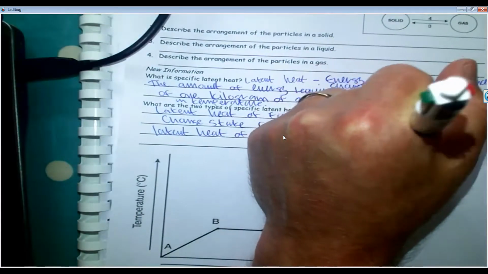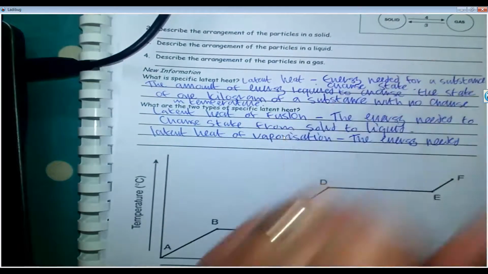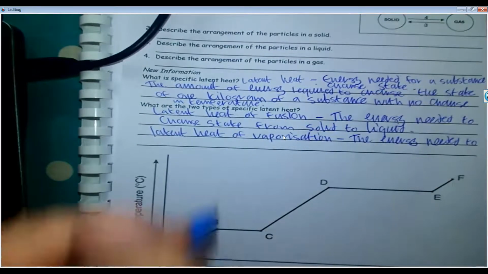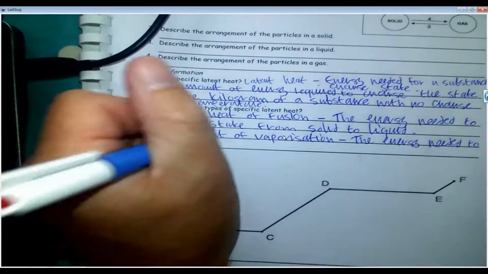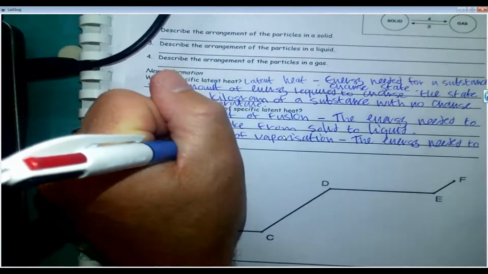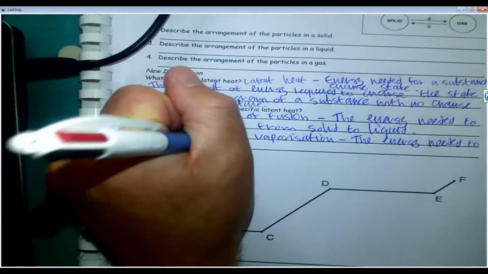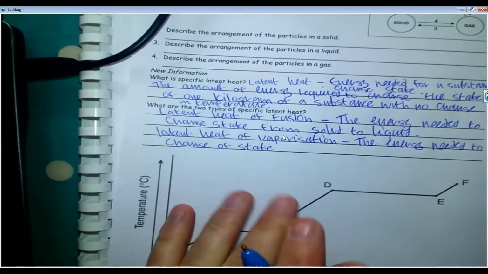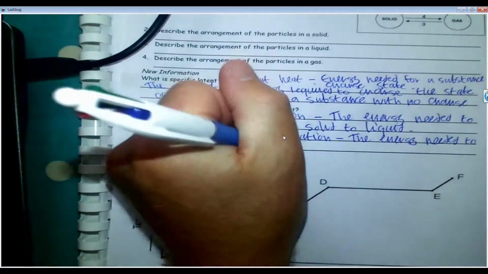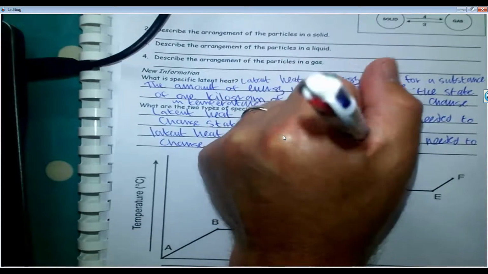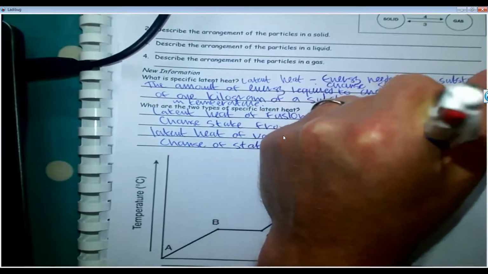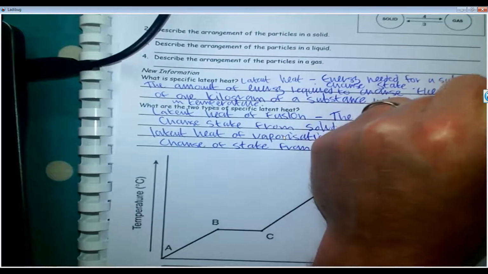And this is the energy needed to change of state from a liquid to a gas, in brackets vapor.